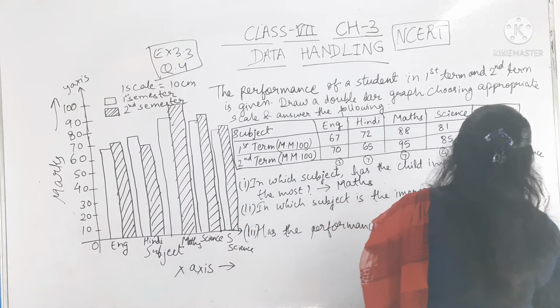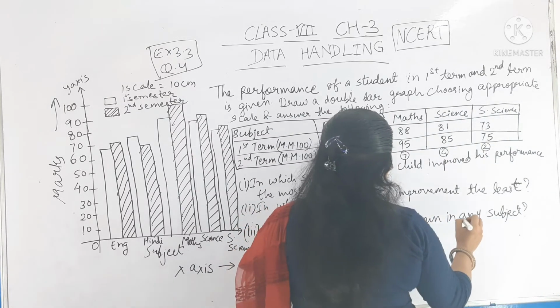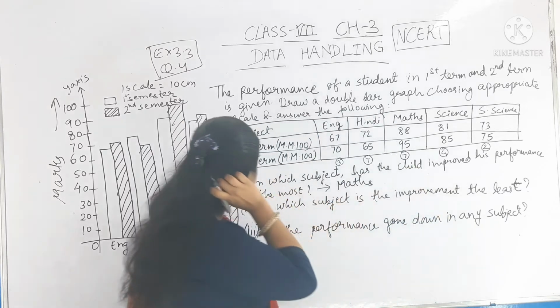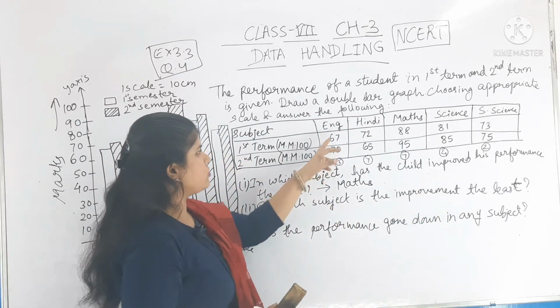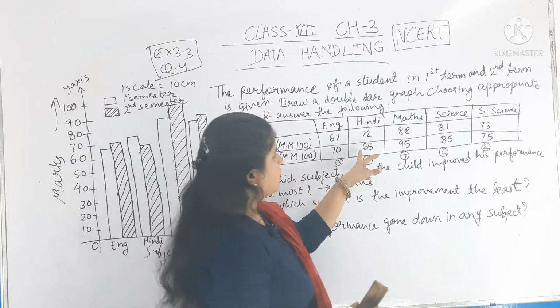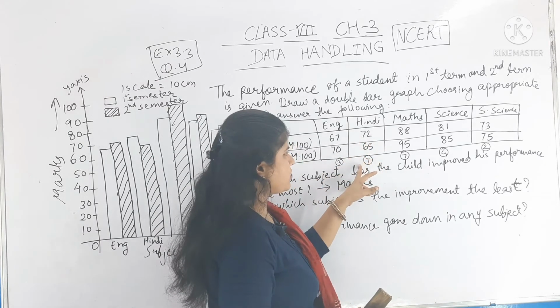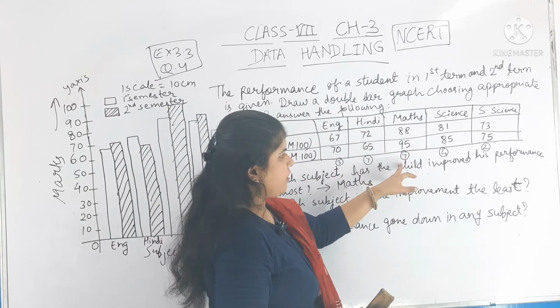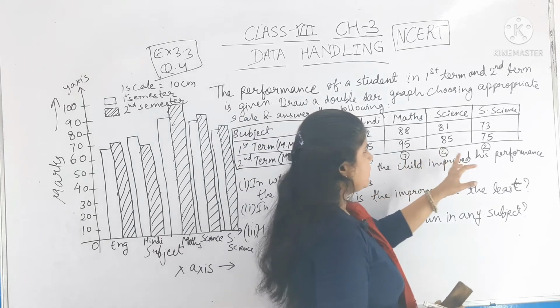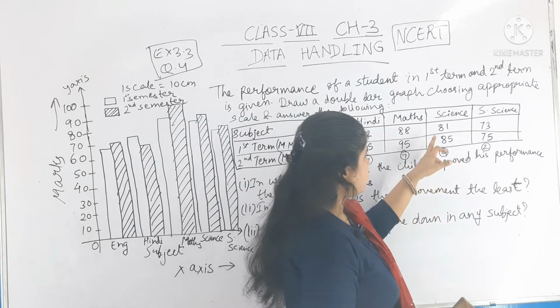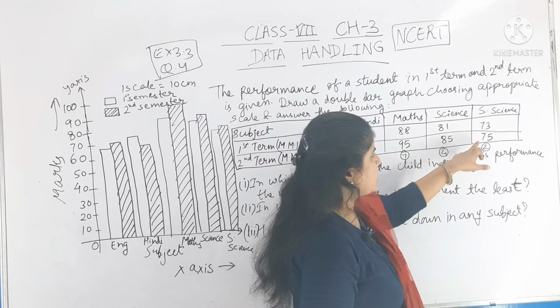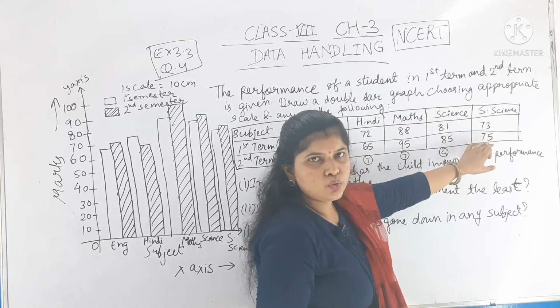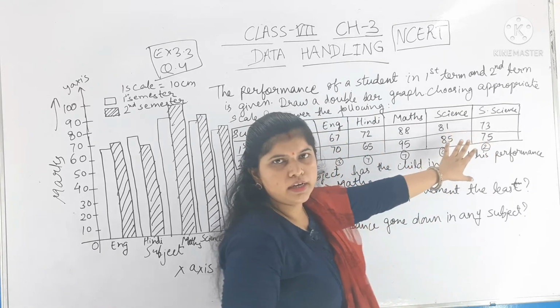Least improvement. Here you can subtract: 70 minus 67 is 3. 72 minus 65 is 7. 95 minus 88 is 7. Okay, least improvement we have to see. 85 minus 81 is 4 and 75 minus 73 is 2. So 2 is the least number.